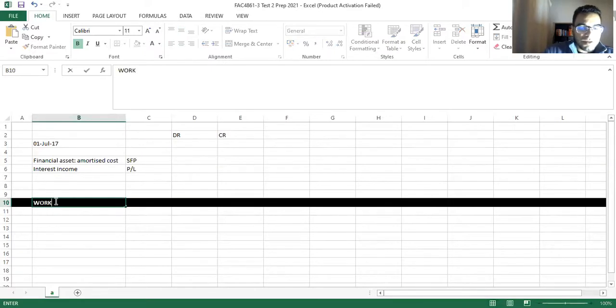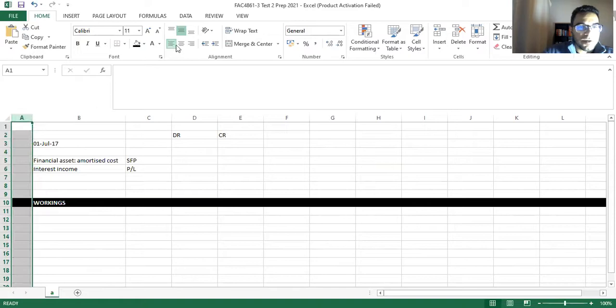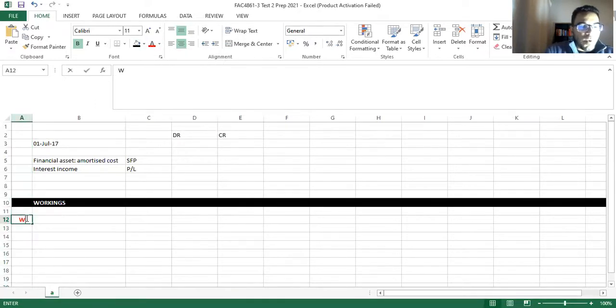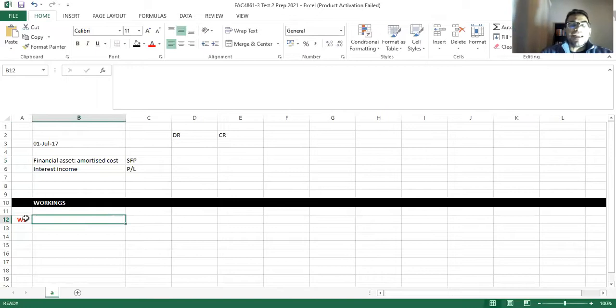So for working one, we must recognize interest income for the 6 months.